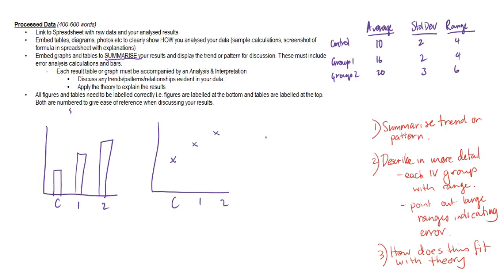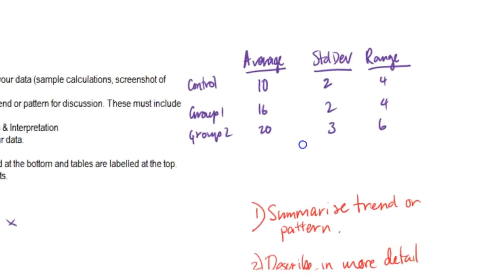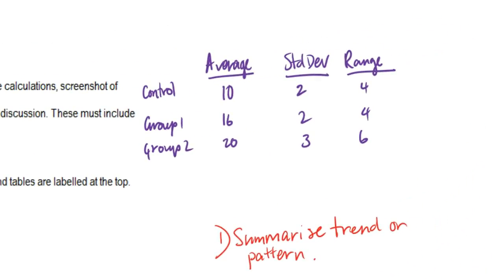The next thing you have to do is describe in more detail what you see here. This has to be for every group, including its range. In the table, you need to summarize, I'm just going to blow this up here, for these data points. So you have a control which is valued at 10, plus or minus the range of your data, because that's essentially 95% of your data right there.